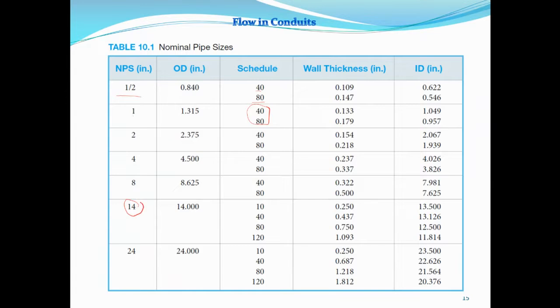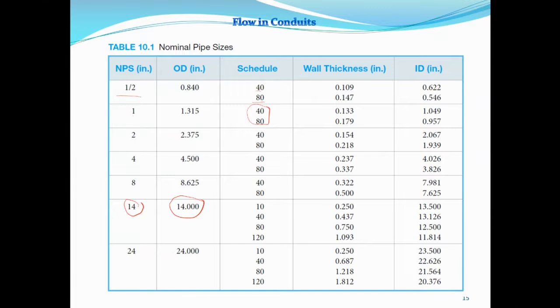When it reaches 14, that is when the nominal pipe size and the outside diameter are equal. But before that, in all cases, the outside diameter is greater than the nominal pipe size.